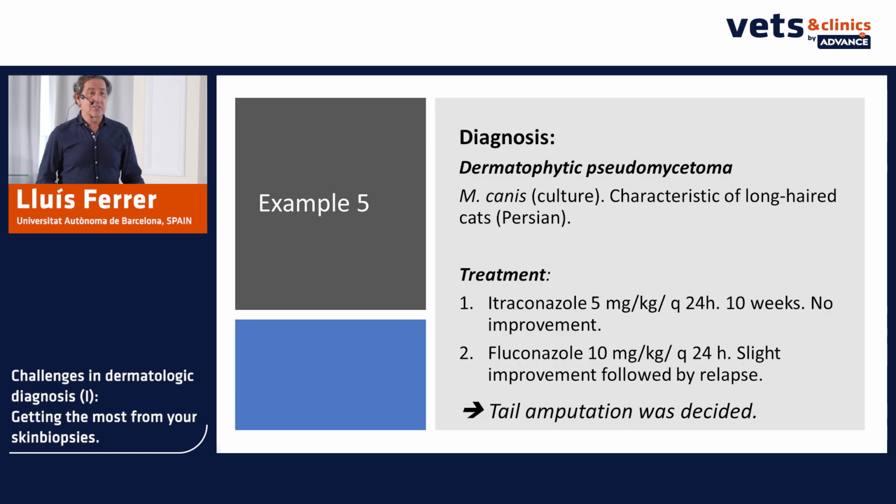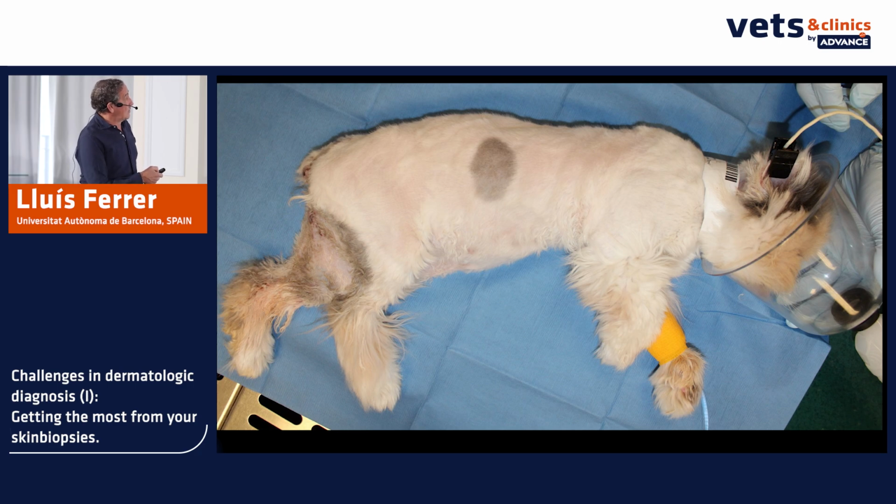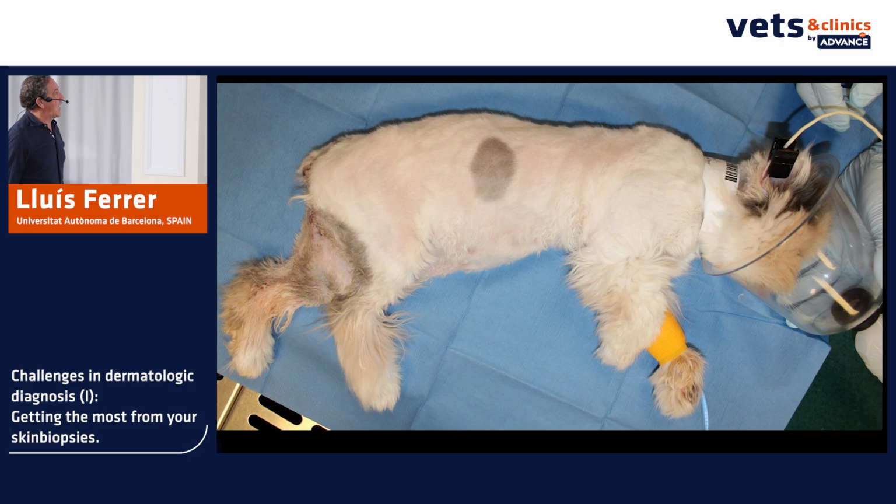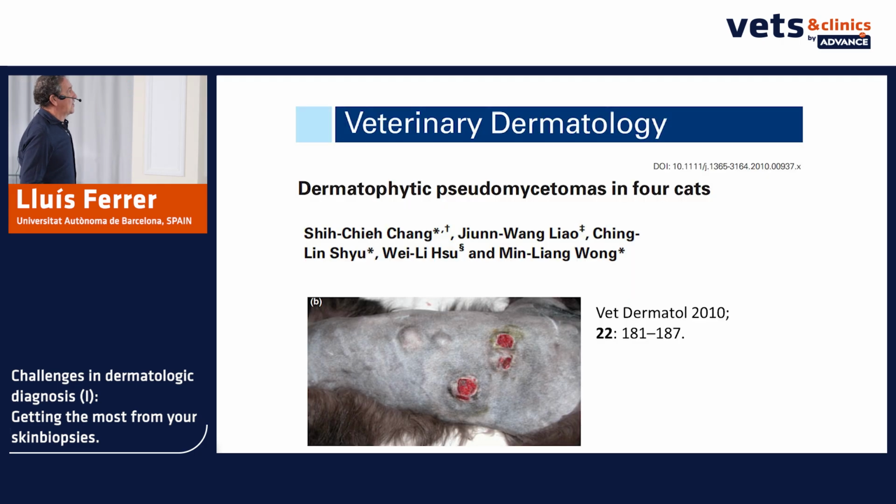I think that the best solution will probably be the amputation of the tail, because other treatments are probably not going to work. We surely tried terbinafine without any good results. We amputated the tail of our cat. We also clipped all the hairs to avoid having spores.